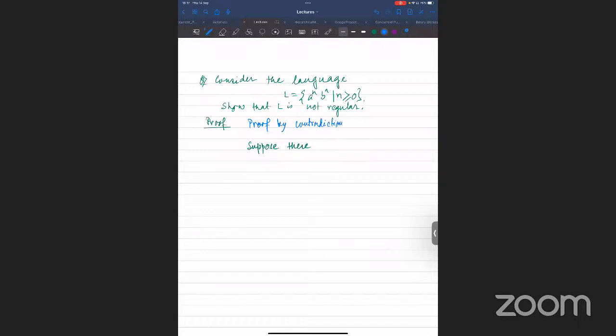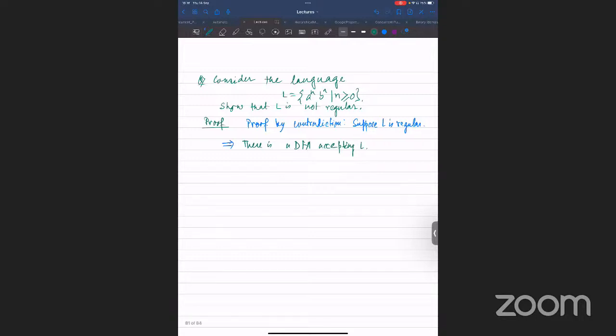So you are saying, suppose L is regular, which means there is a DFA accepting L, correct? Suppose DFA A has k states. Then what?